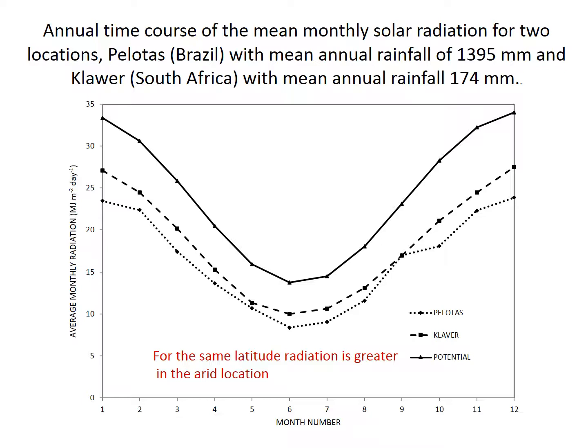Here we have the potential radiation for this latitude, where we have two different locations: Pelotas in Brazil, which is a wet location with rainfall above 1,000 millimeters per year, and Claver, which is the discontinuous line, where we have only 174 millimeters per year of rainfall.